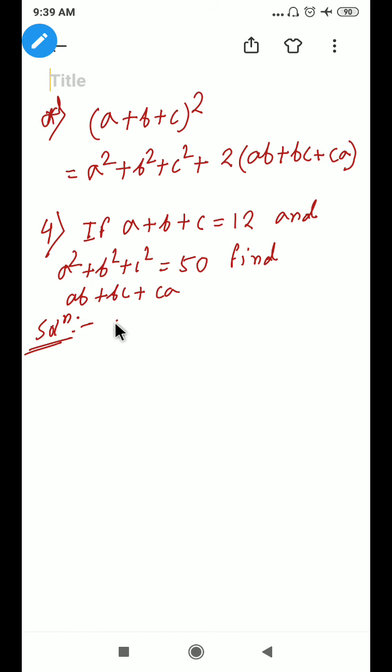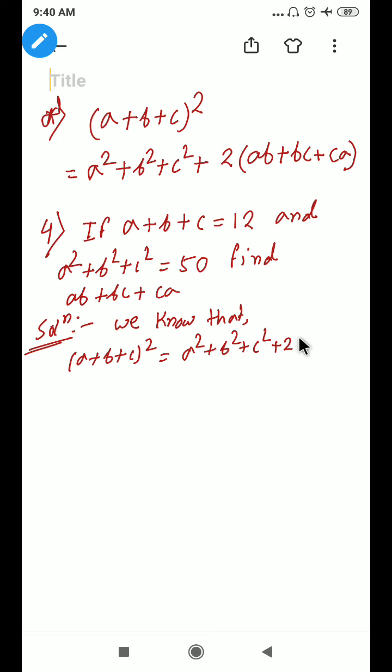So firstly we know that a plus b plus c whole square is equal to a square plus b square plus c square plus 2 into ab plus bc plus ca. So now you can put the values.